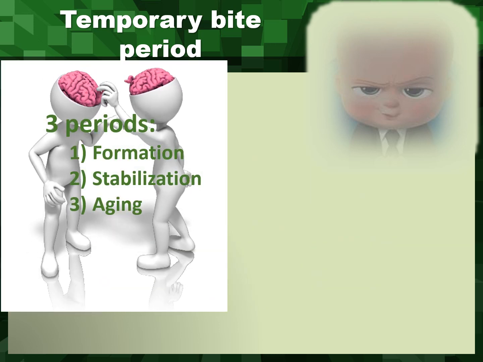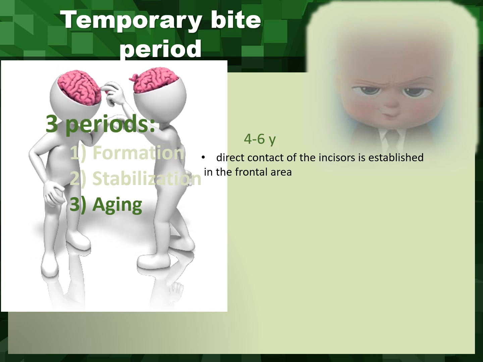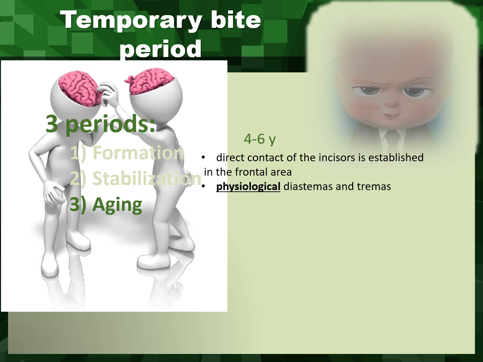And the third period of temporary bite is called aging. It is the period from 4 till 6 years old. And what are the features of this period? Direct contact of the incisors is established in the frontal area. We will observe three physiological features.